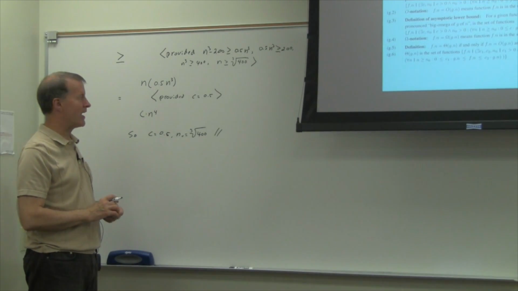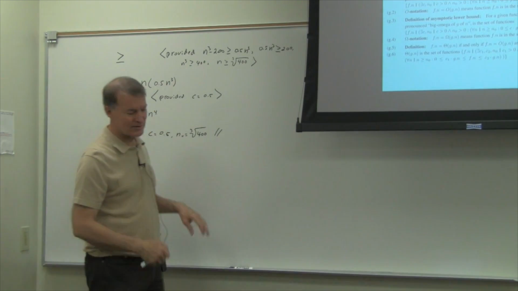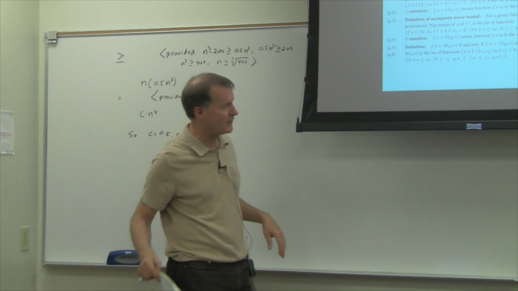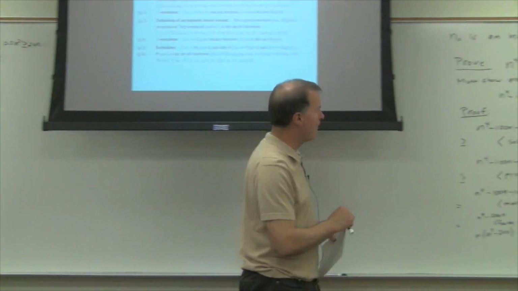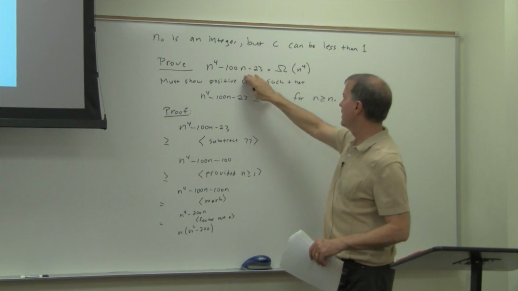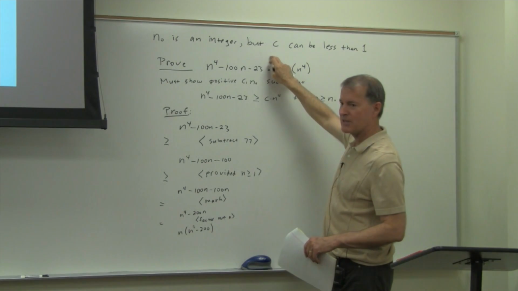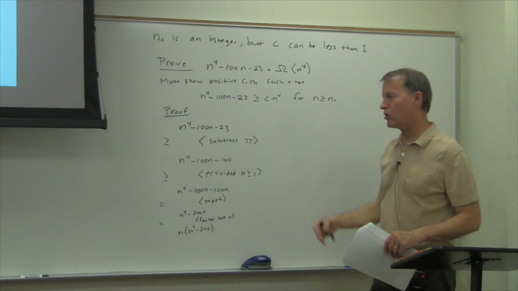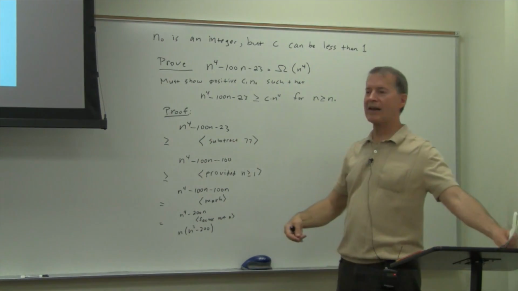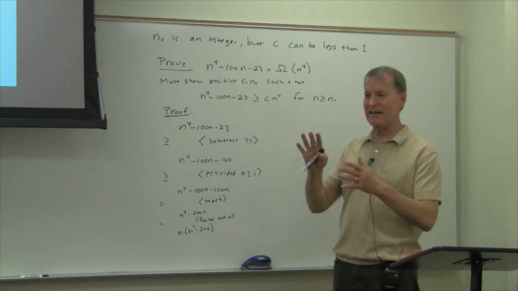But in order to do that, the technique for doing this, when you have a power here and then you have a negative here and you want to do a lower bound, sometimes the only way to do it is to have C be a half. I mean, you could have made it a third, and then you would have had a different C and n naught.